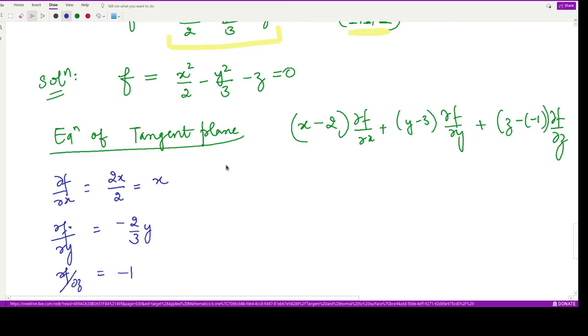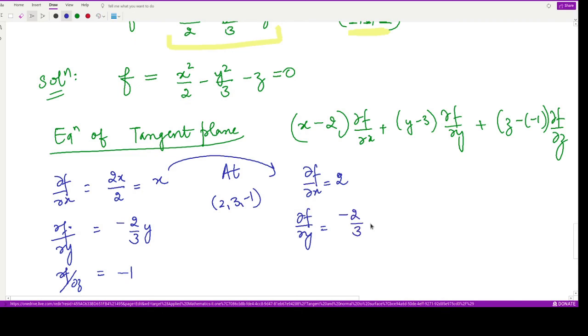So all these values at the point 2, 3, minus 1: del f by del x is equal to 2, del f upon del y is equal to minus 2 divided by 3 into 3, so that is equal to minus 2, and del f by del z is equal to minus 1.